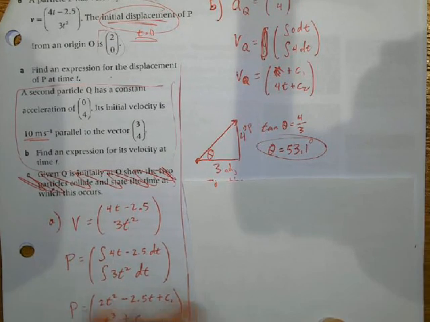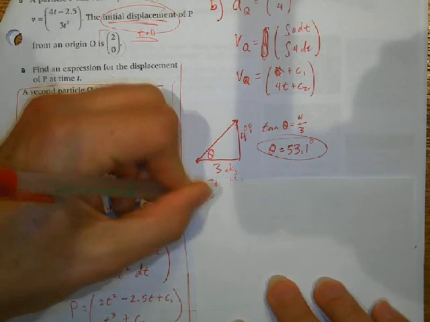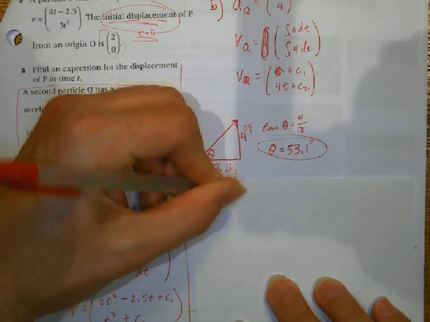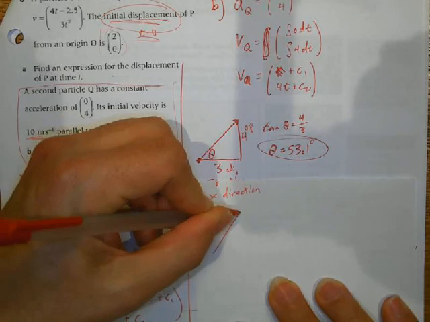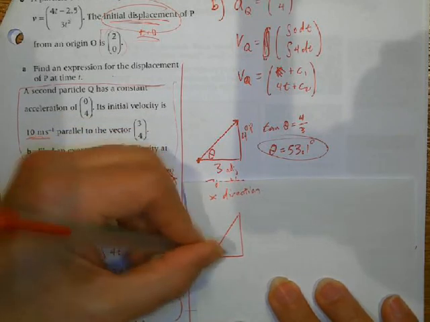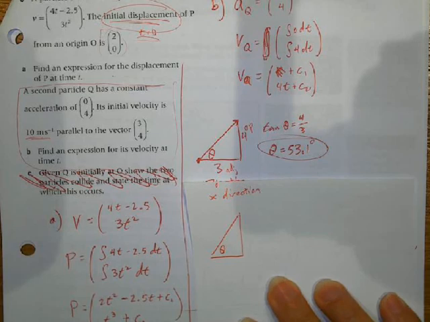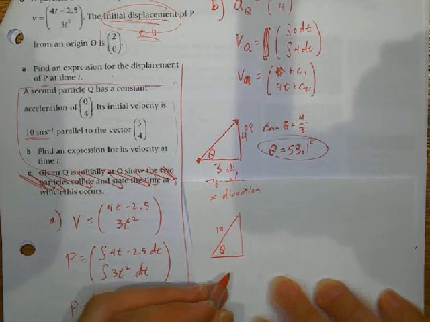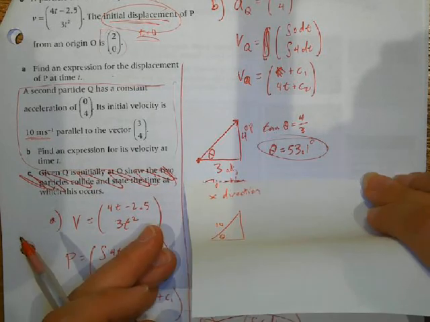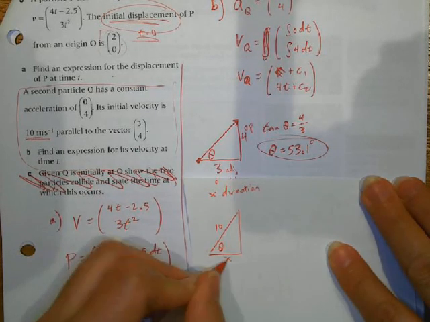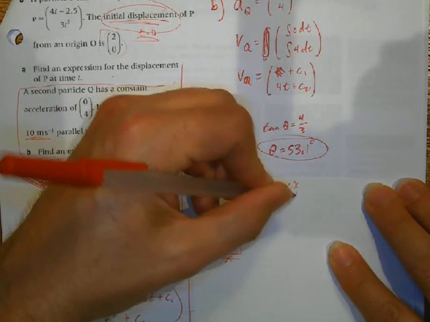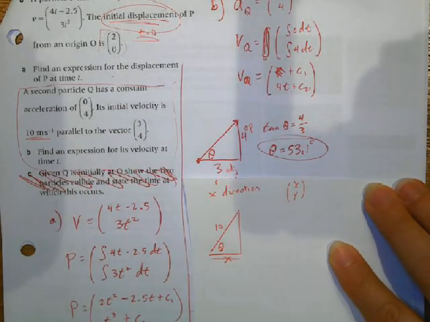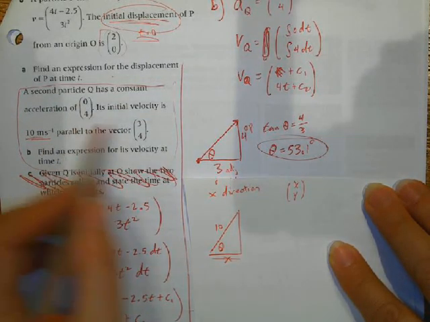In the x direction, we know that this is 10, and we want to find the x component of my velocity vector.